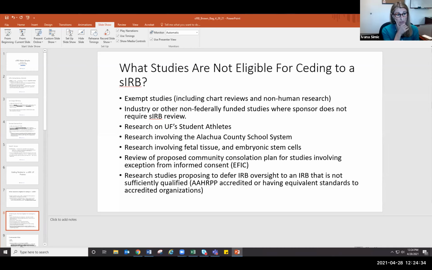Research involving fetal tissue and embryonic stem cells, review of proposed community consultation plan for studies involving exception from informed consent. Research studies proposing to defer IRB oversight to an IRB that is not sufficiently qualified. So that would be an institution that's either not AHRP accredited, or if AHRP accredited, if they had some OHRP citations recently or some issue that would really raise a concern on our end.